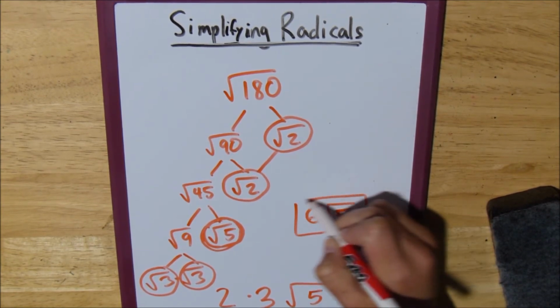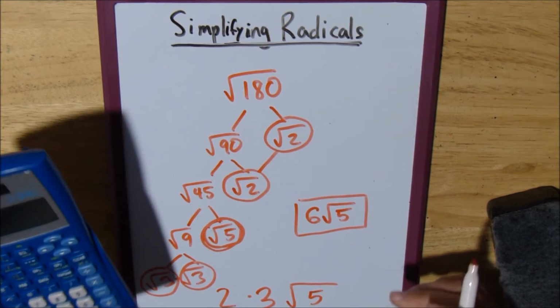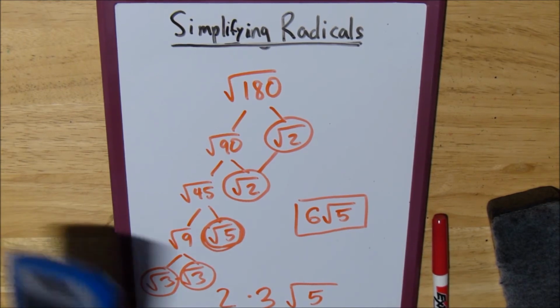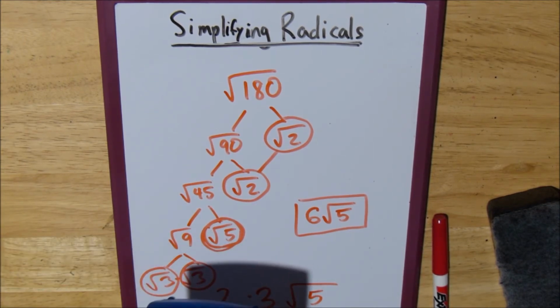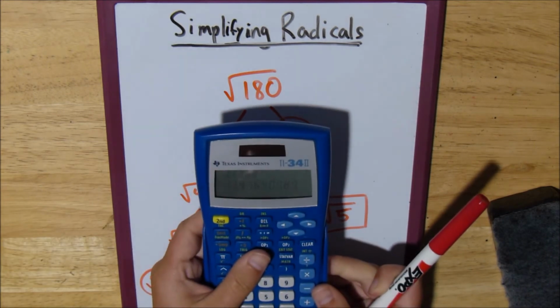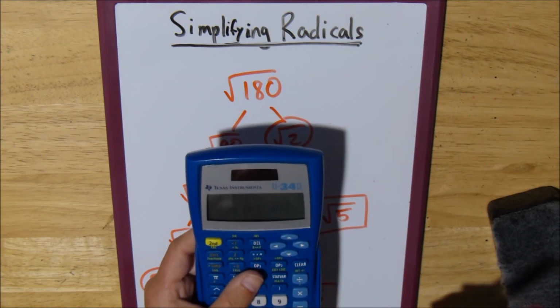And now, if I can find my calculator, I can prove to you that these are the same numbers. Got my good old TI-34. Okay. So the square root of 180 is 13.4164 and all those other digits, okay?